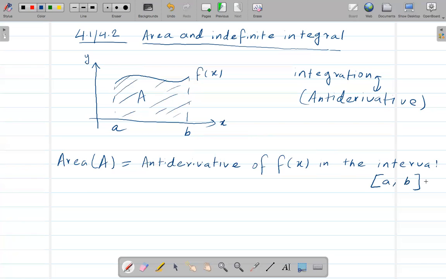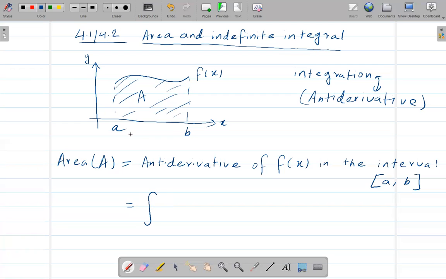All right. And the antiderivative, like I said, is the same as integration. So the mathematical way of writing antiderivative for integration for these kinds of conditions is like this. Okay, this is an integration sign.